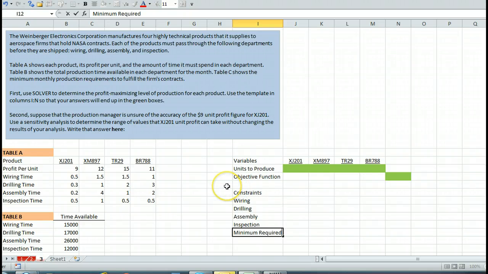You're going to have a constraint that tells you the minimum number of each model that you can produce. So in Solver, you will have a constraint for each one of those models that the minimum produced has to be at least that many. That information is given up in the problem. So I'm just kind of giving you a head start. I don't want to do it all for you, but I'm just giving you a head start on this.